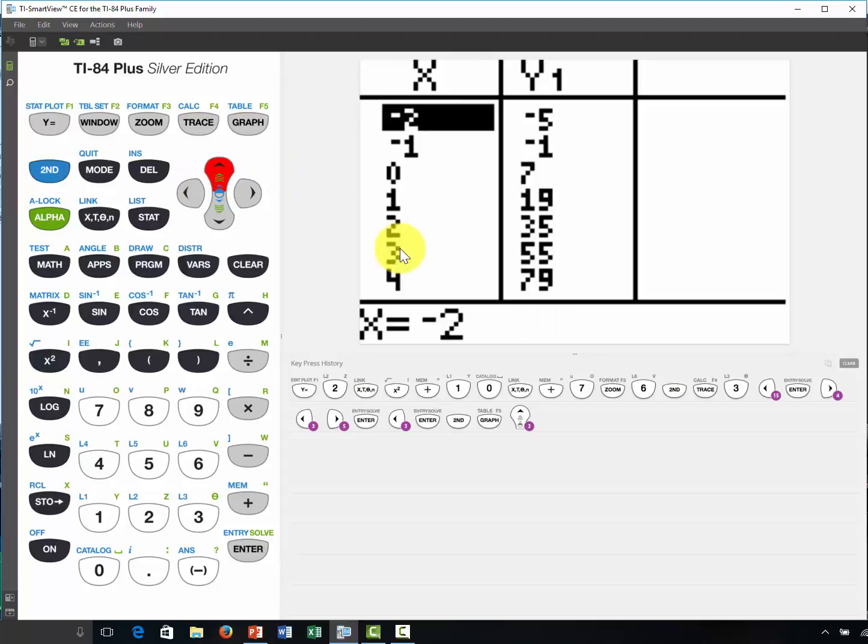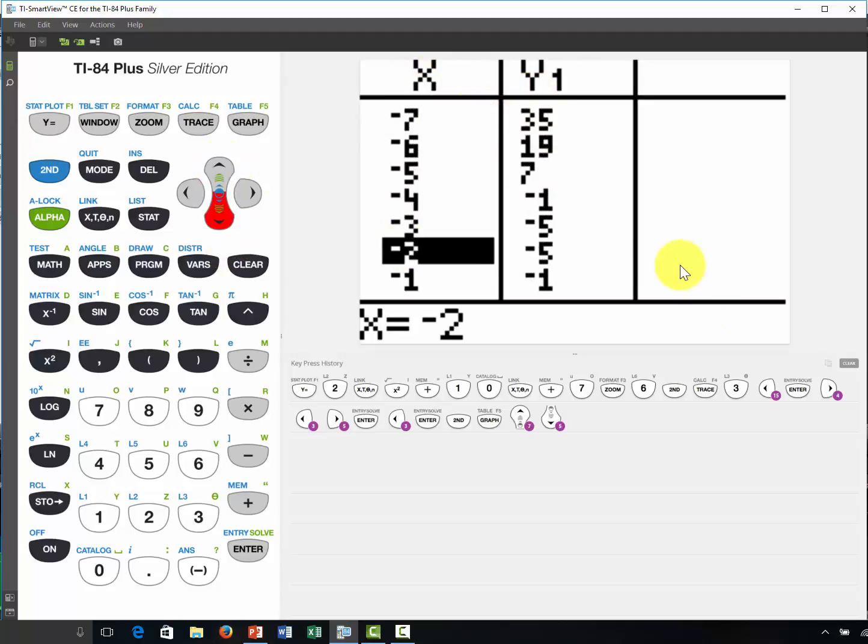So if I back up, I can see when x is negative 3, we have negative 5. When x is 2, we have negative 5. The table is telling me that this is the smallest value now, but we're counting by ones. If I go less than negative 5, these values are going to be bigger. So the vertex is somewhere between negative 3 and negative 2.